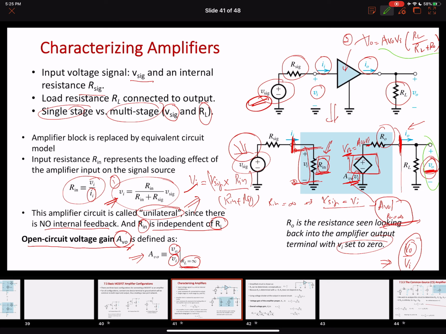So V0 is the output voltage of the amplifier and Vi is the input voltage of the amplifier. Using this equation I can find the voltage gain V0 over Vi, which is Avo into RL over RL plus R0. So this is the voltage gain of an amplifier.